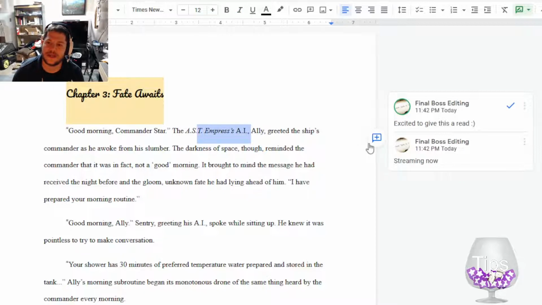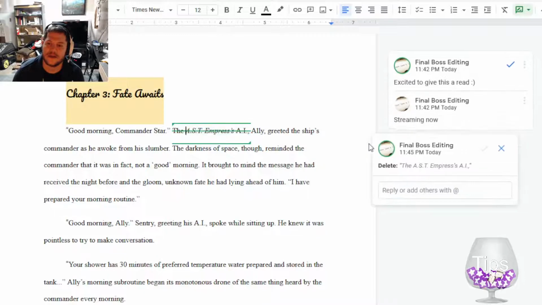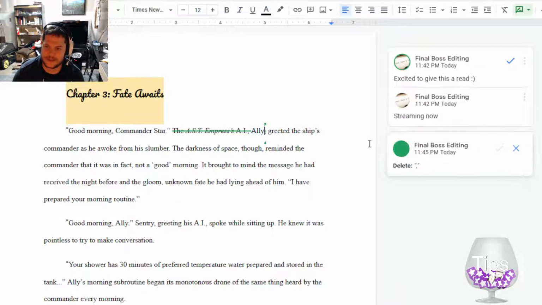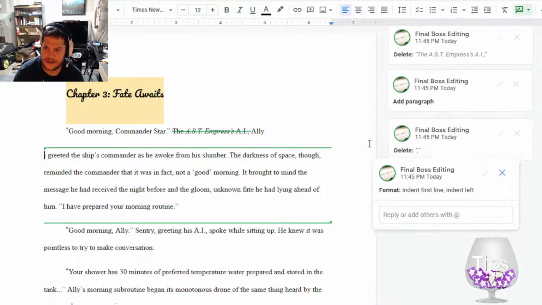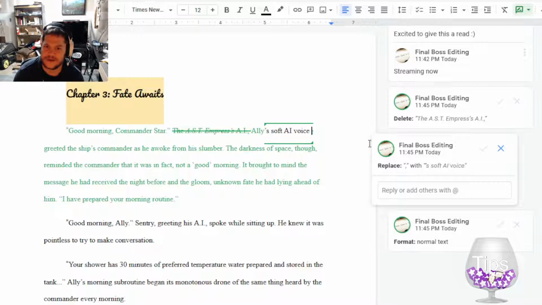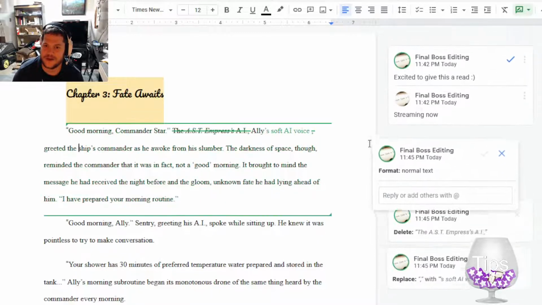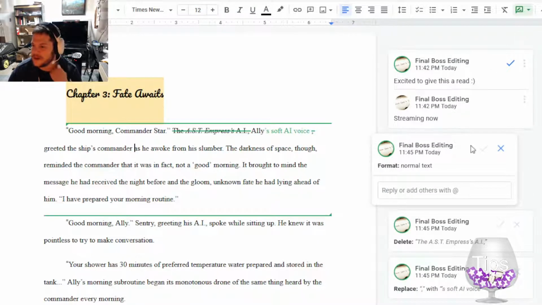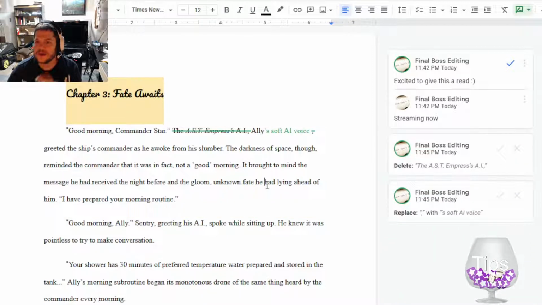So that's a really cumbersome first sentence. I almost would break up how you're introducing this or consider it. So I would just say, maybe something like: Ally, the ship's soft AI, greeted the commander as he woke from his slumber.